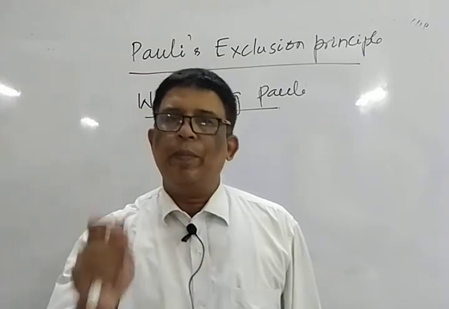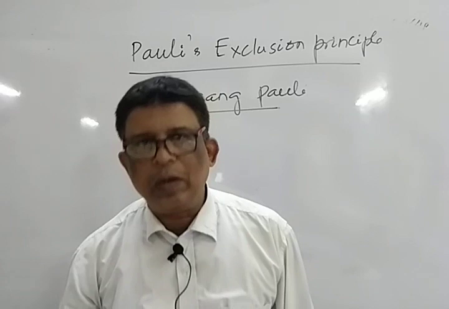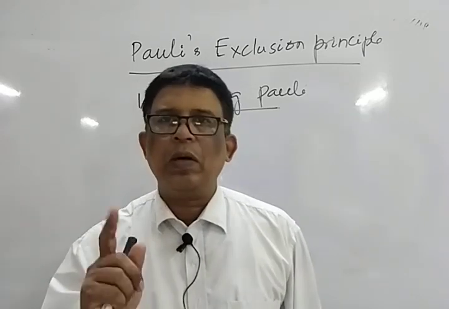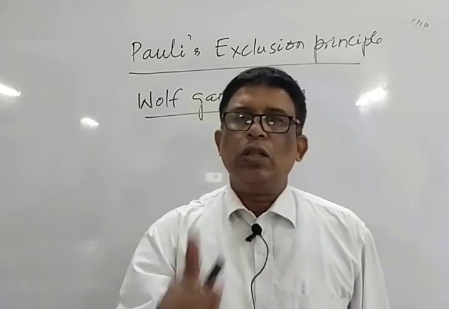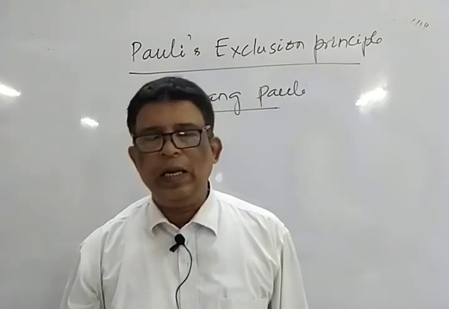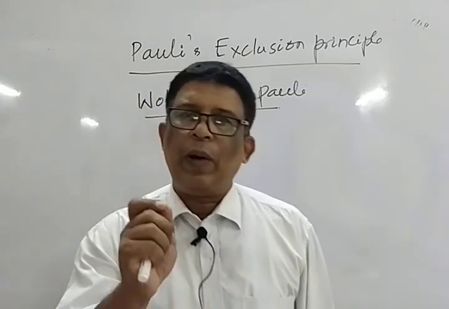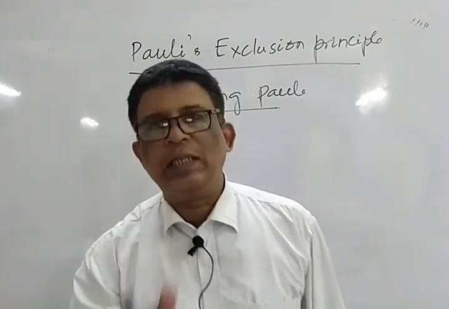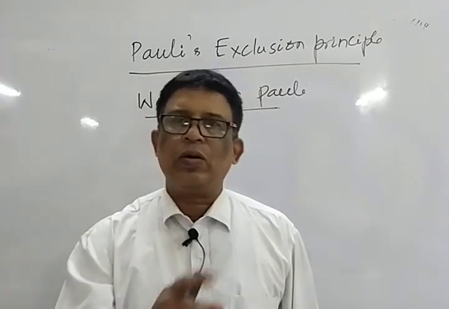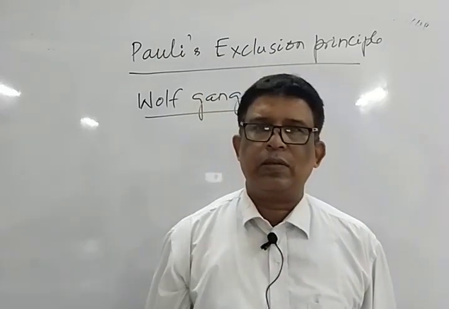At best, a maximum of three quantum numbers remain the same, that is the principal, azimuthal and magnetic quantum numbers, while the fourth quantum number, the spin quantum number, is always different. For the first electron it is plus half, moving clockwise, while for the second electron the value is minus half, moving anti-clockwise.